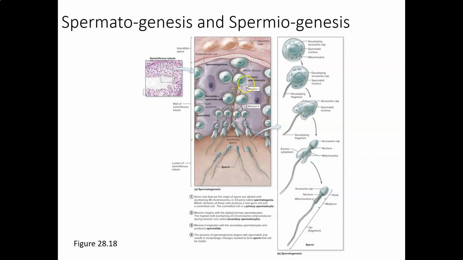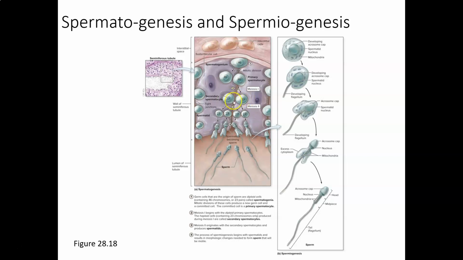Each primary spermatocyte is going to divide into 4 daughter cells, not all of them identical to each other, through meiosis, which is two rounds of division: primary spermatocytes, then secondary spermatocytes.